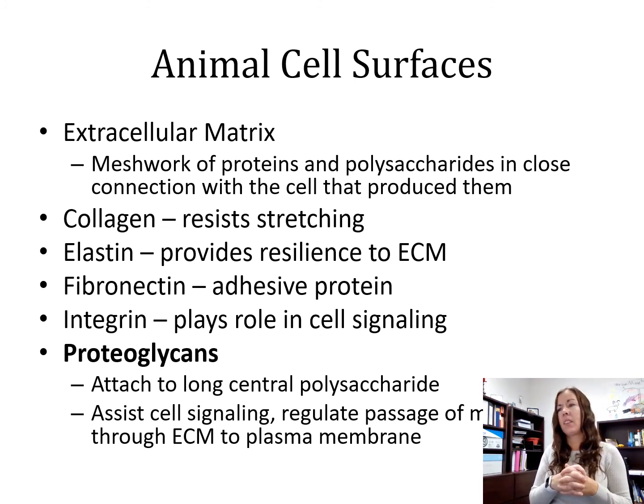These are things that help resist stretching and provide resilience. There are adhesive proteins, so cells can join together. And then, of course, integrin is important in cell signaling. Cells don't send text messages, they send chemical messages.